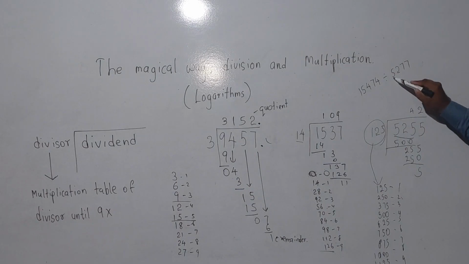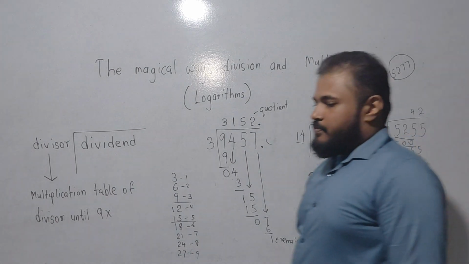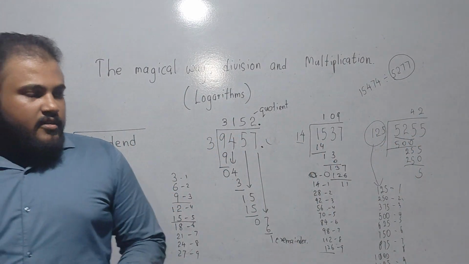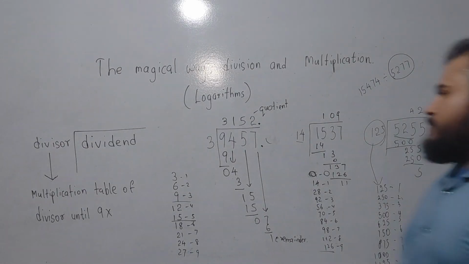Here you should know, if you know the 5,277 table until 9 times, you can divide it easily. Right? So, without using this method, we have a method called logarithms to get the answer easily.